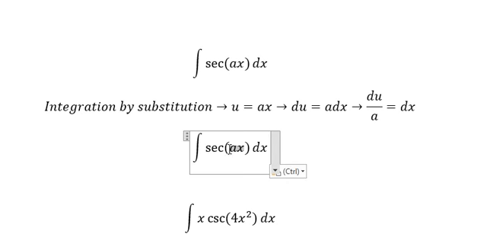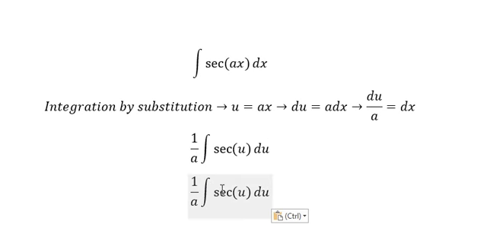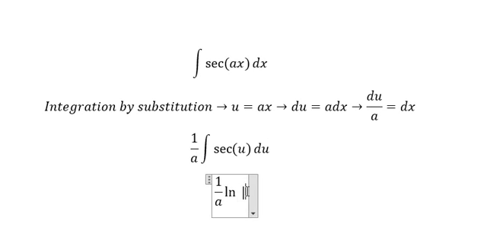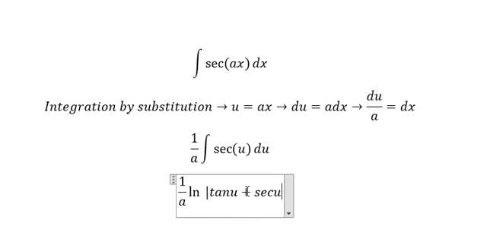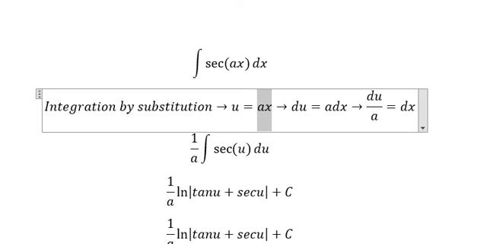So this one we change for u. ds we change for du over 8. The integration of this one, you got ln of the absolute value of tan of u plus secant of u, and we put c. About u, that's about 8s.